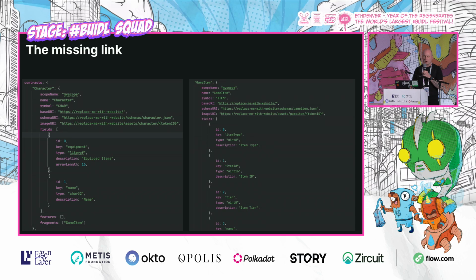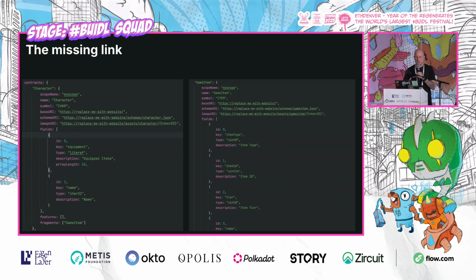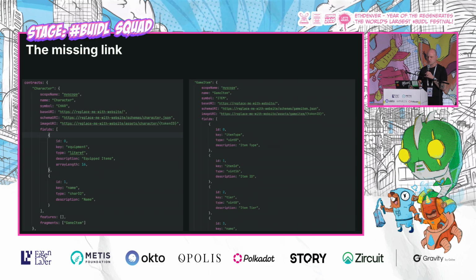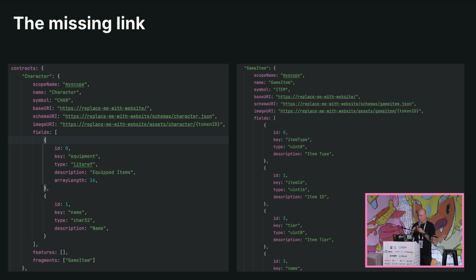So if you're wondering, well, how do I go there, though? How do I actually do that? Well, this is a project configuration that we use. If you can kind of read this code, this is TypeScript, and it's showing that I have some contracts: a character, a game item. Here's a model, and these are the fields they need to have.